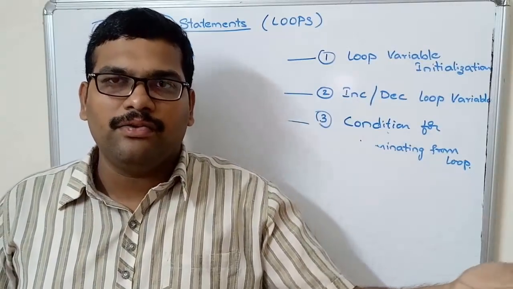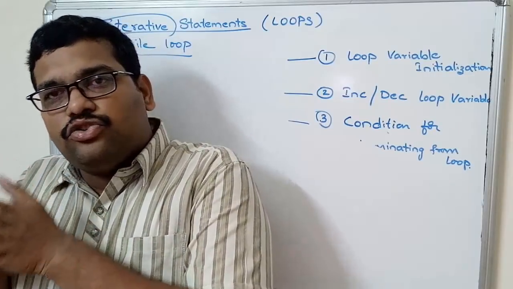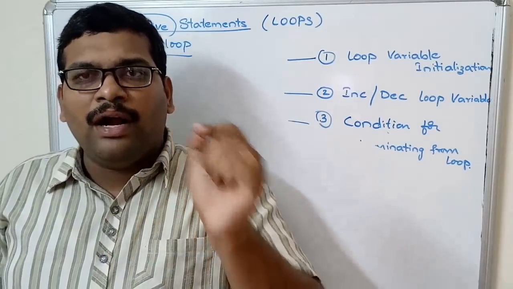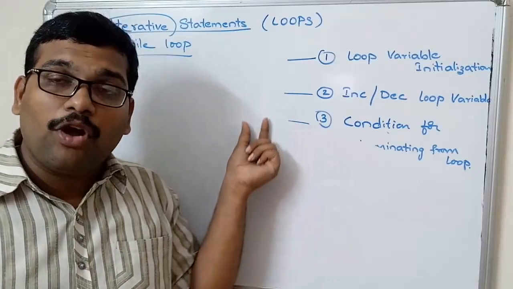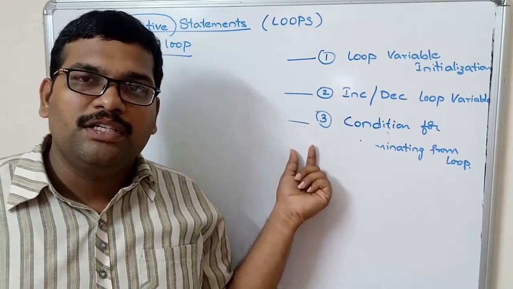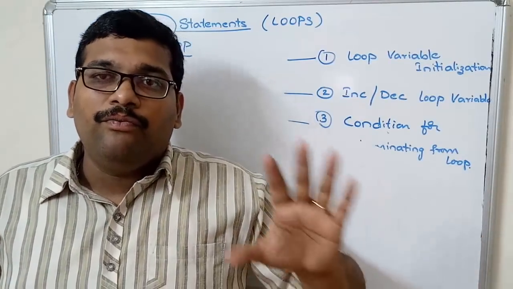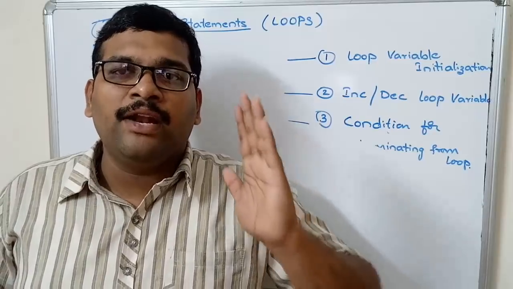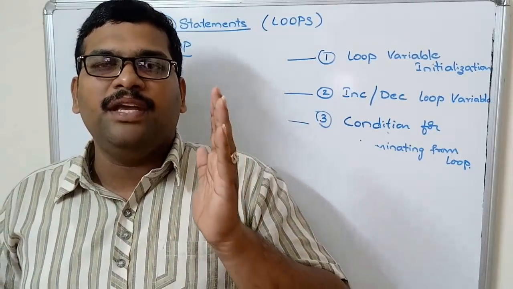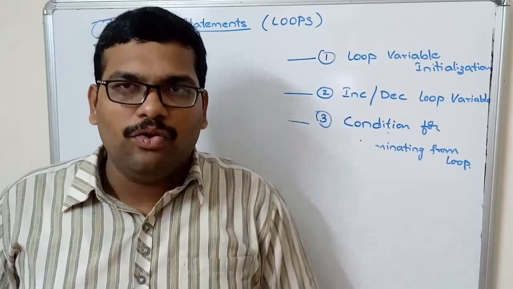That means whether the condition is true or false, at least one time the block of statements will be executed. Whereas in the while loop, only when the condition is true will the block of statements be executed.